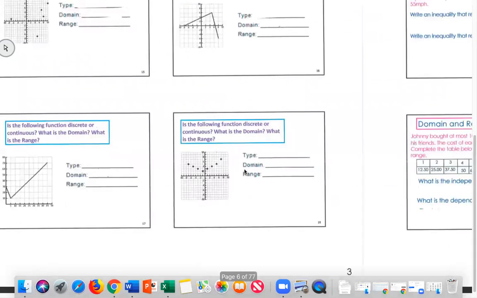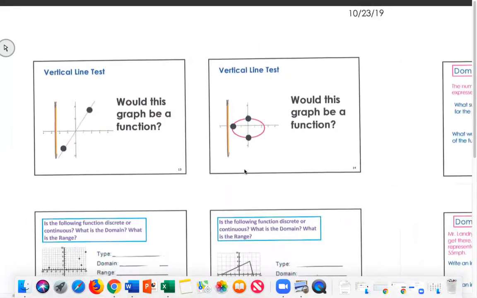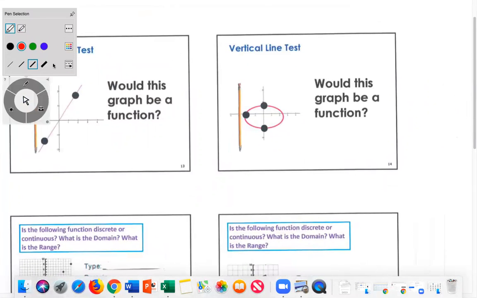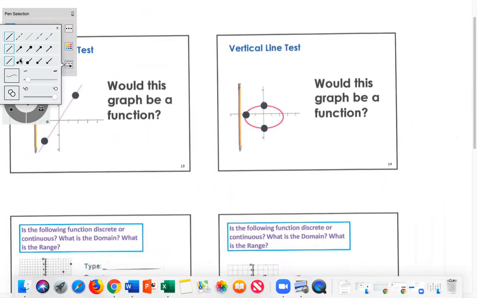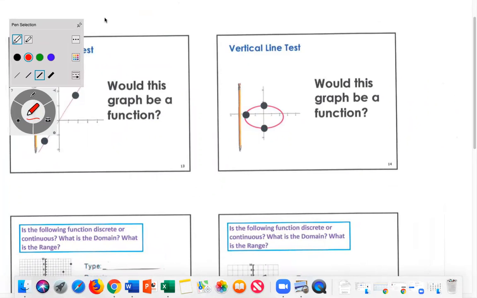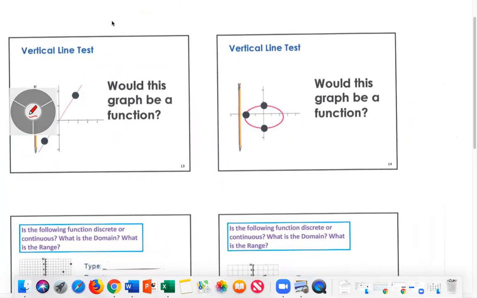Let's see what that looks like. So let's see if I can draw a vertical line. I'm just going to draw a vertical line, and this is going to be my vertical line.